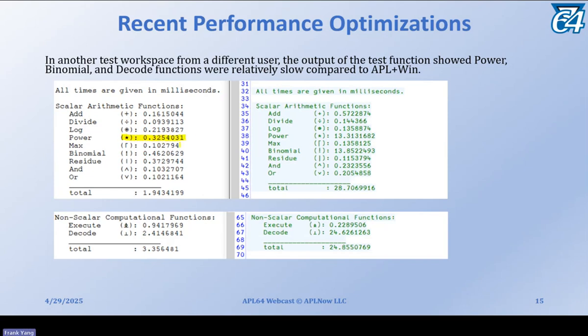This is the APL plus swing result, and this is the prior version of APL64, and the binomial here. And the unit is milliseconds here, the decode function. And we could see those numbers were much slower than APL plus swing.